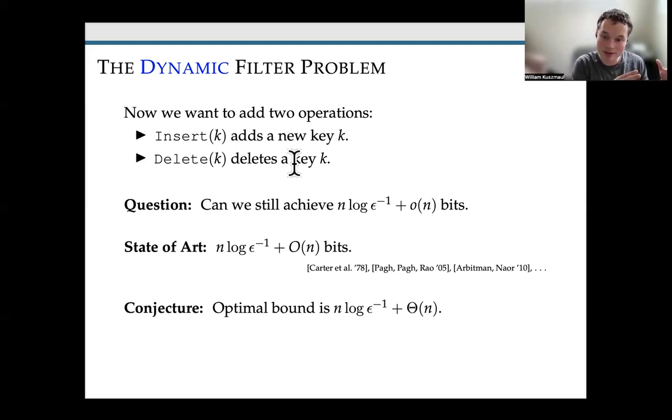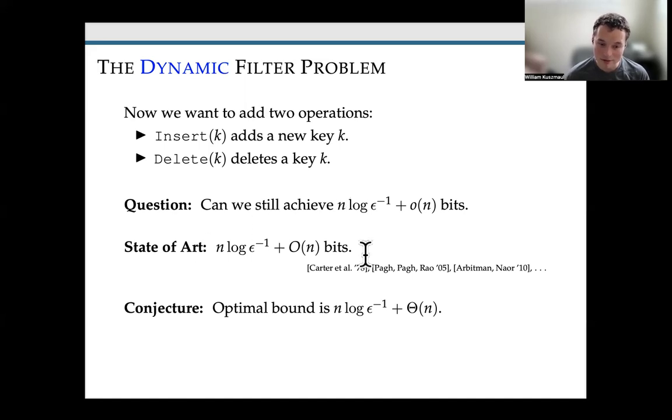And unlike the problem that we saw earlier, here what's changing really is the key set. And the question we're interested in is, once again, just a question about space. Can we still achieve n log epsilon inverse plus little o of n bits, like we did in the static setting? And here, once again, there seems to be a cost for dynamism.